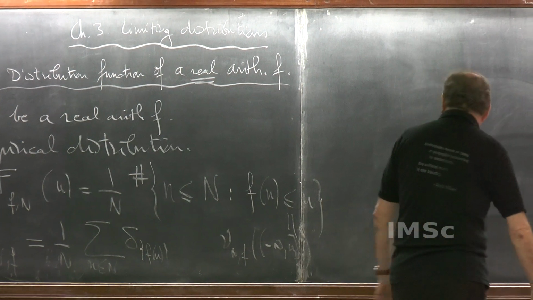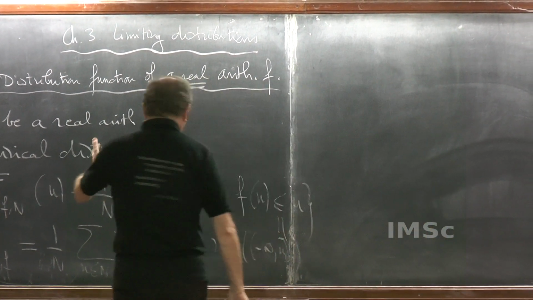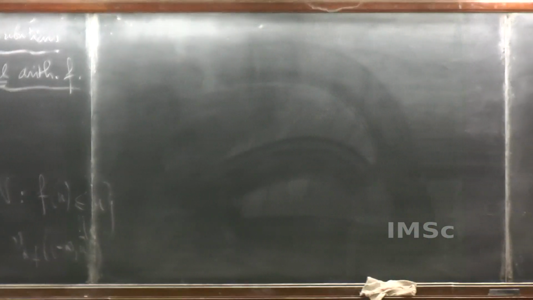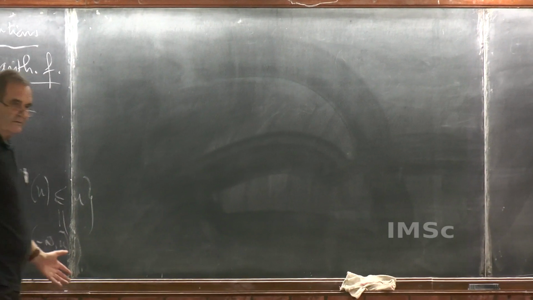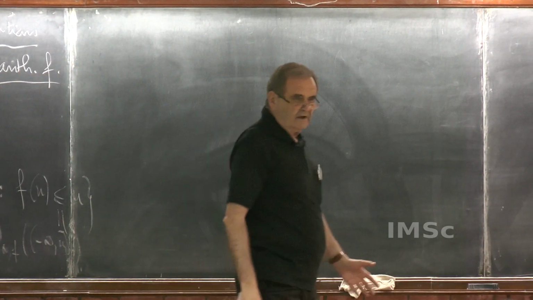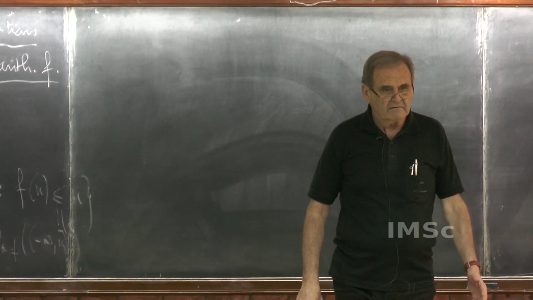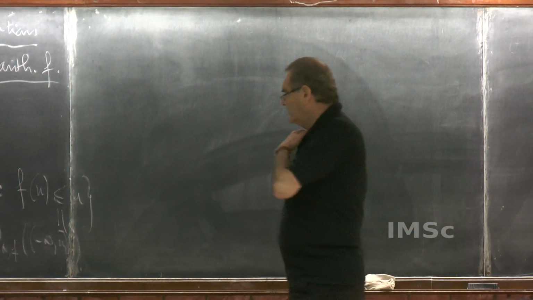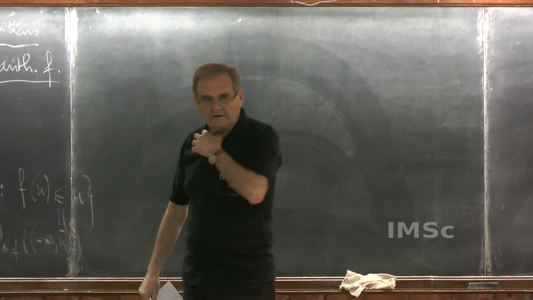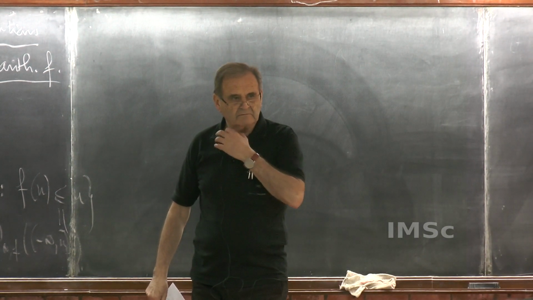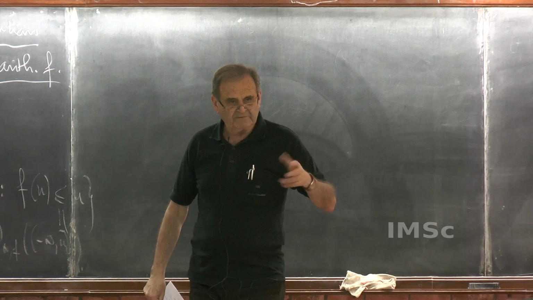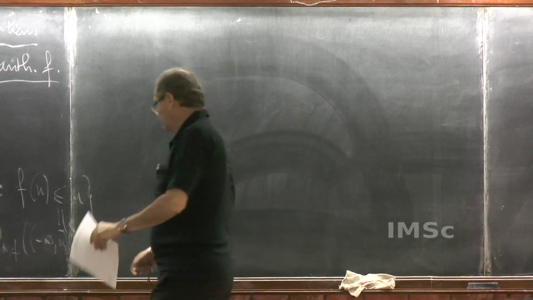So now the point is to try to see what happens when N is tending to infinity. Okay? So at least a good case is when there is a limit when N tends to infinity. But there may be some curious phenomenon appearing.